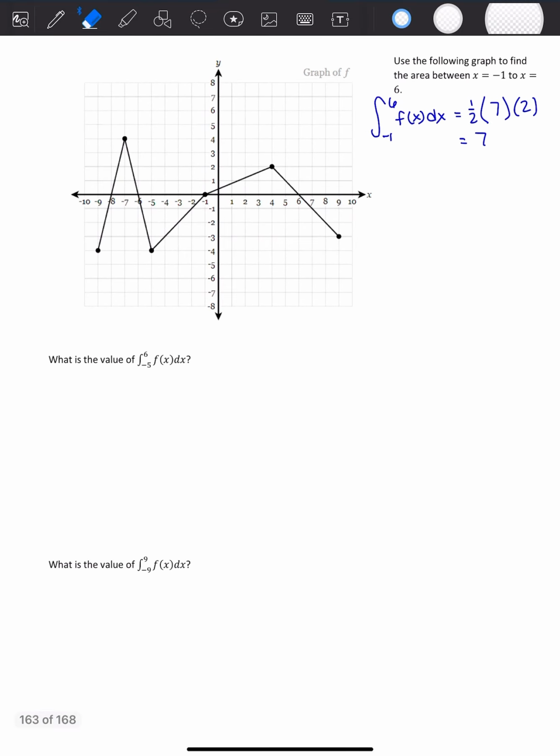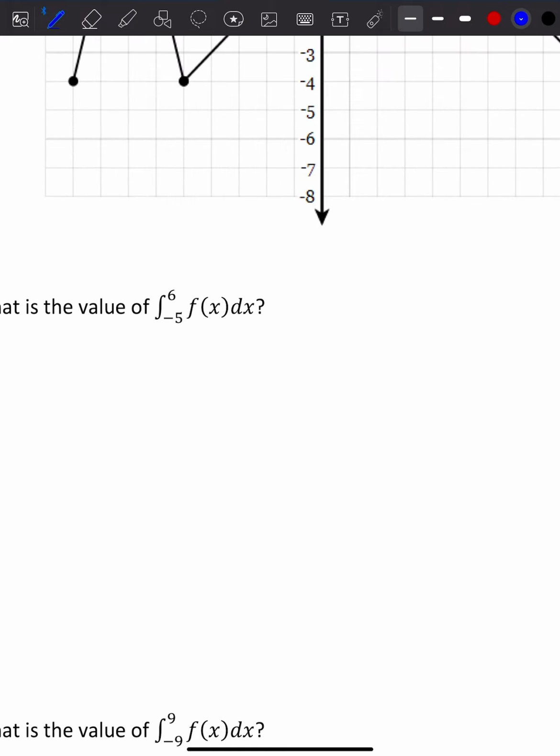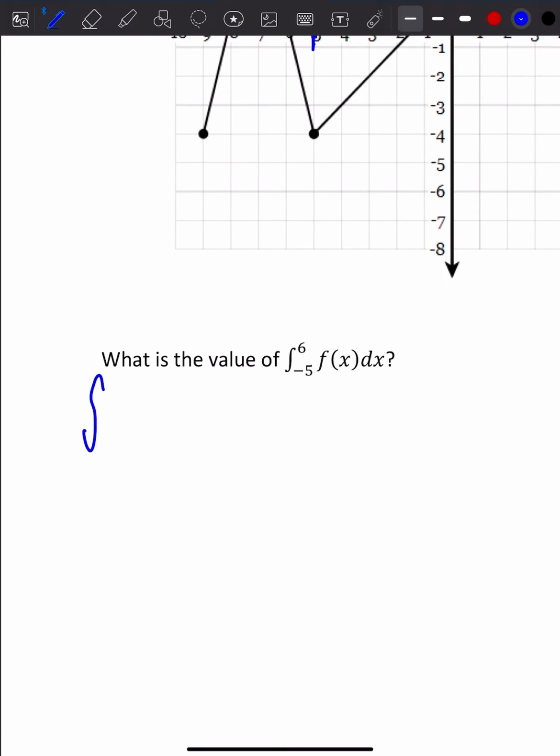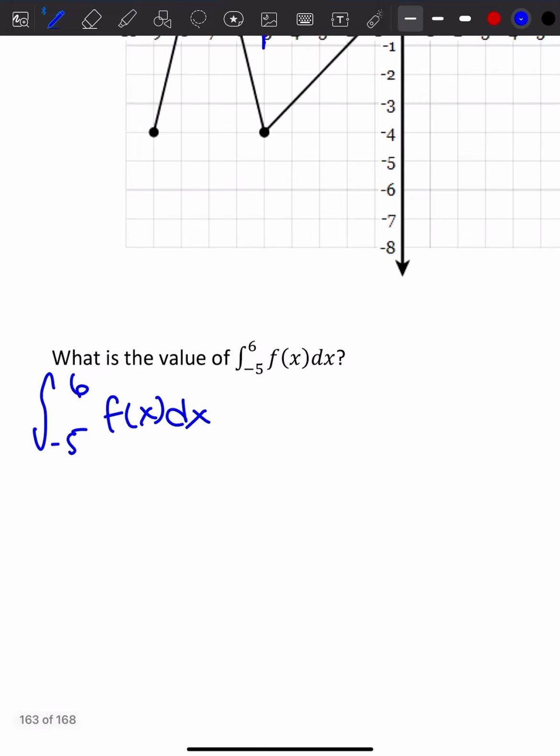Okay. What is the value of the integral from -5 to 6? So now we're looking at this interval, -5 to 6. We just found all of this area here, which is 7. So we can break up this problem into 2 pieces. We're going to take this integral from -5 to 6, and we're going to break it up into 2 different integrals.